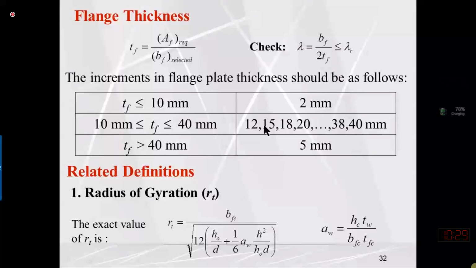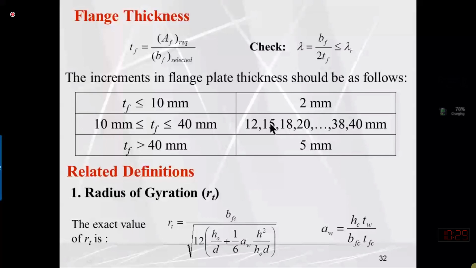If the thickness of the plate is coming out to be 16, we shall use the thickness as 18. If the thickness is coming out as 15.3, we shall not use 15, because we will select the upper available size as 18.